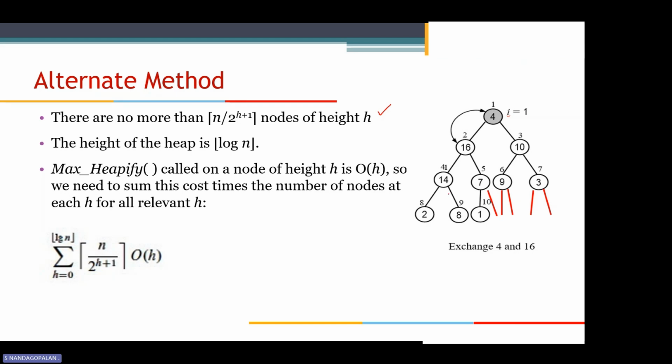That means every node has got its children except the leaf. For example, our example here, of course, has some kind of blanks. So I assume that it's a complete binary tree. So if I take any height h in this heap, it cannot have more than this. So how to prove this? Next slide will explain that.